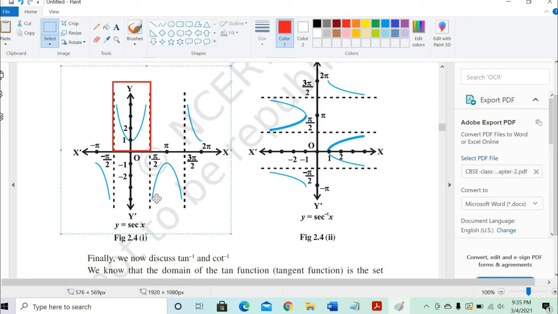Yes, that's clear. Excellent. Now draw figure 2.4, second part. Okay, sir. Now again the domain will become range and the range will become domain. Clear, right? Yes, sir. Excellent.